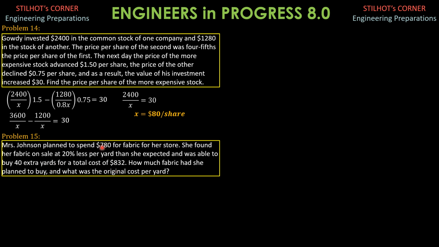So that means 780 divided by 0.8 of x, that's the actual number of yards, plus the additional 40 extra yards, times the price per yard equals 832.